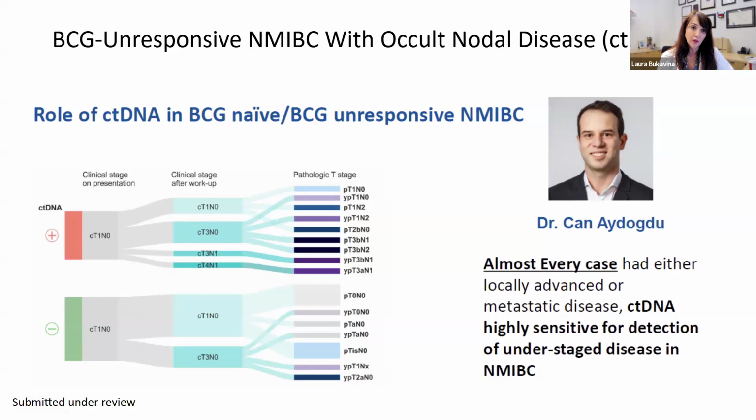So that's reassuring for us to potentially use on the other side, right? If you do want to continue intravesical or salvage therapies and you're ctDNA negative, you probably can. We can potentially try other therapies to try to save your bladder.